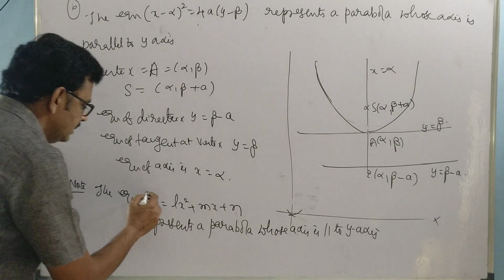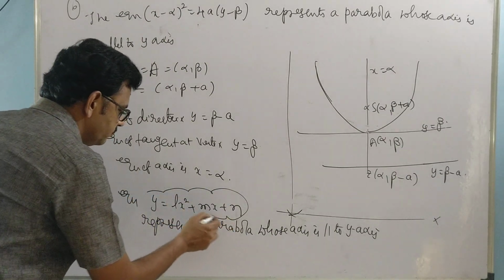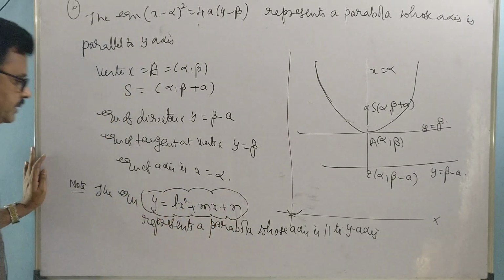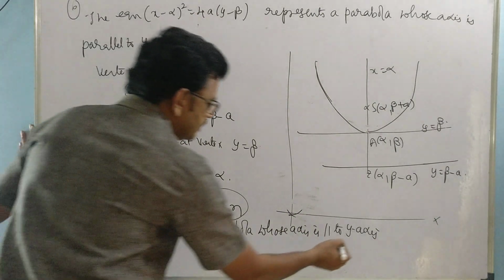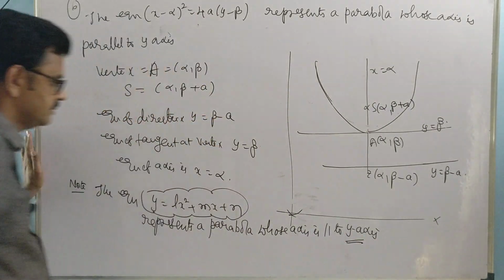And x equal to ly square plus my plus n represents a parabola whose axis is parallel to x-axis.